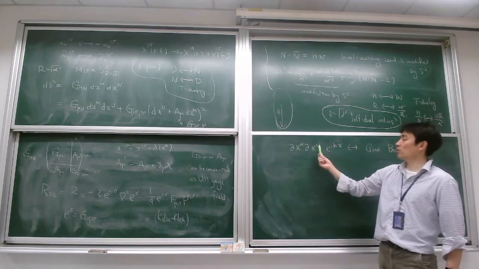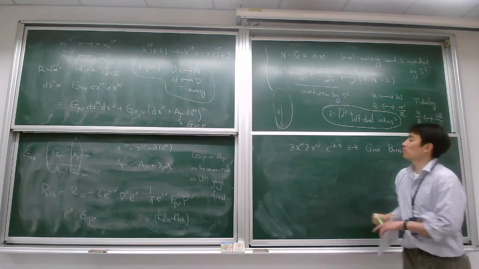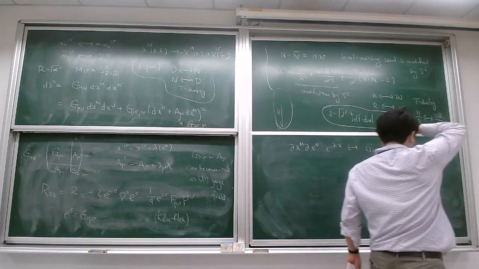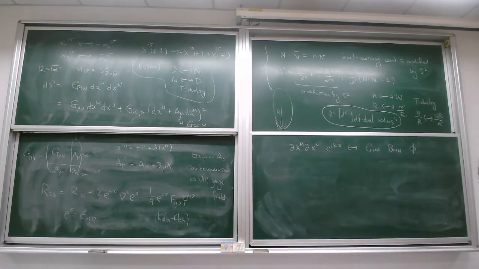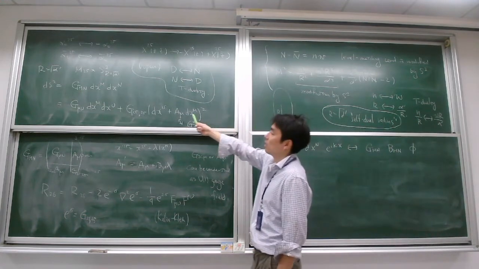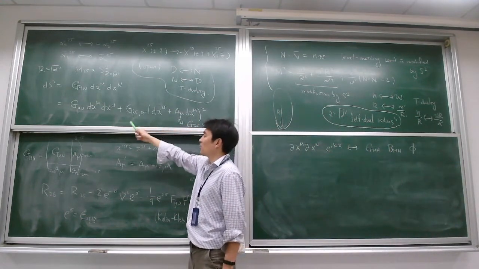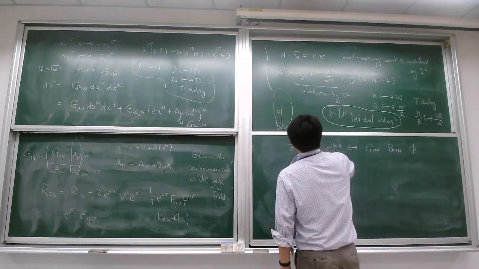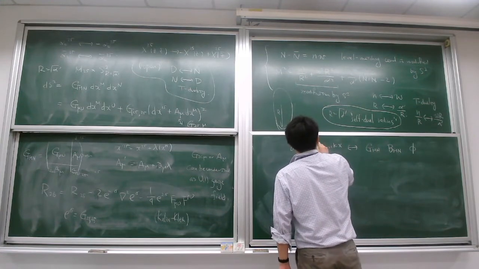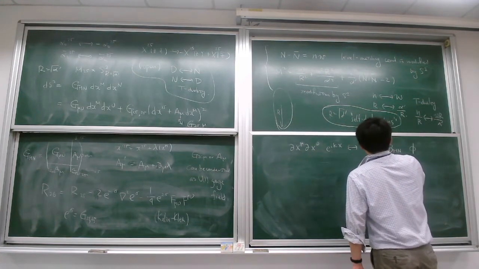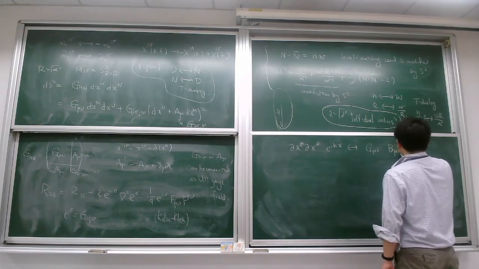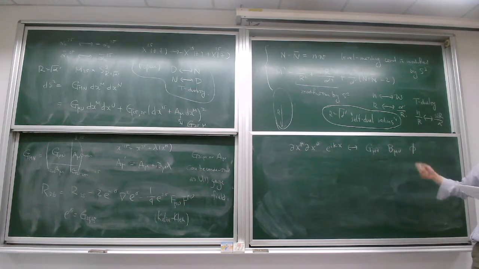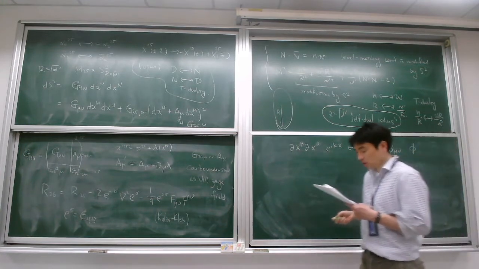So that was what the state-operator correspondence told us. And if you take Mn, maybe I should use Mn like this. So that was the case. But now we decompose the 25 direction: 0 to 24, and 25. You have to distinguish. So G mu nu becomes the symmetric part, and the B field B mu nu is the antisymmetric part, and so on.